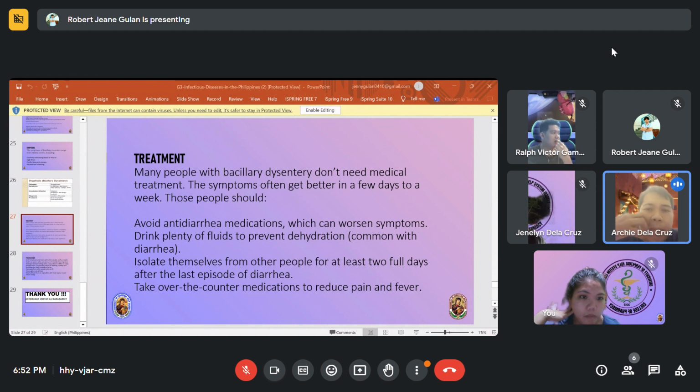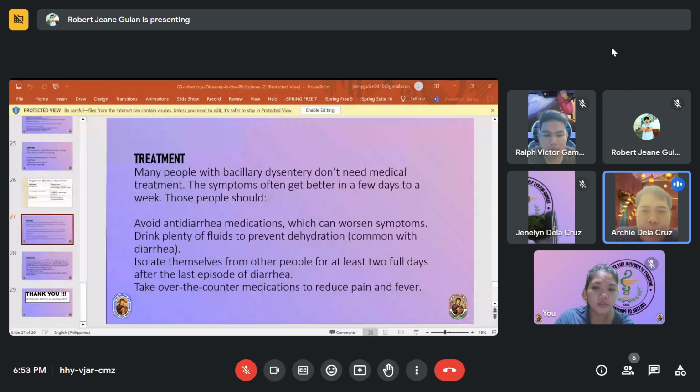Sabi nga namin, ayaw nyo lang lumabas yung mga yan, kasi pag napipigilan sa katawan natin, mapapasama. Drink plenty of fluids to prevent dehydration, common with diarrhea, para hindi tayo ma-dehydrate. Isolate themselves from other people for at least 2 full days after the last episode of diarrhea. Take over-the-counter medications to reduce pain and fever.